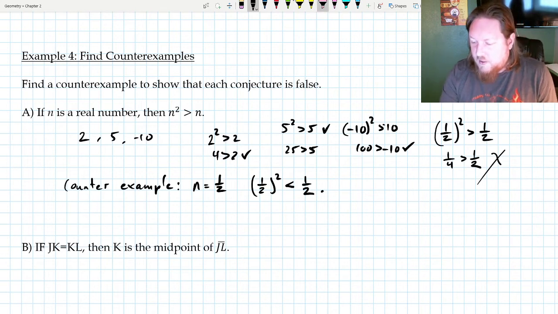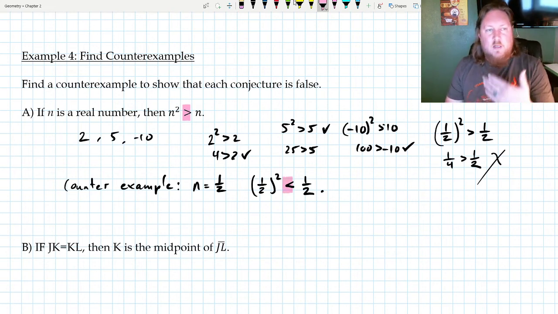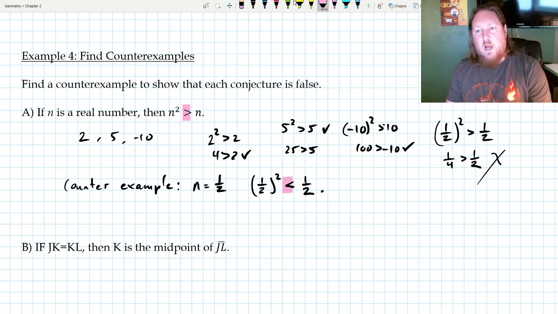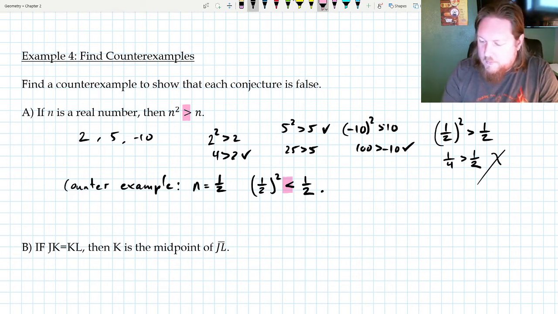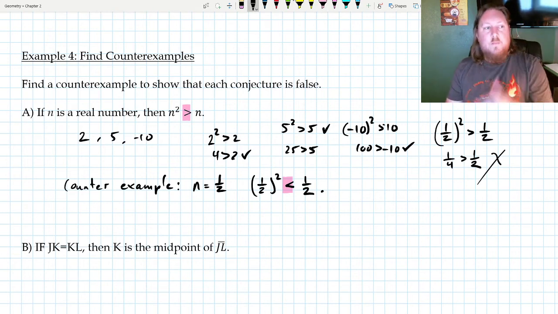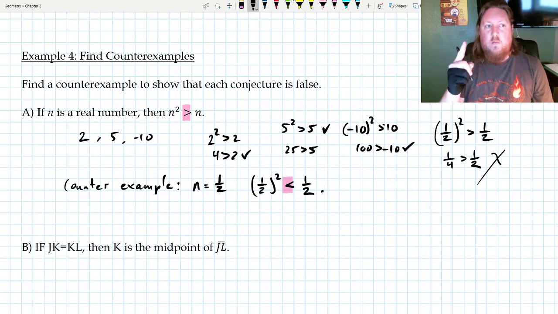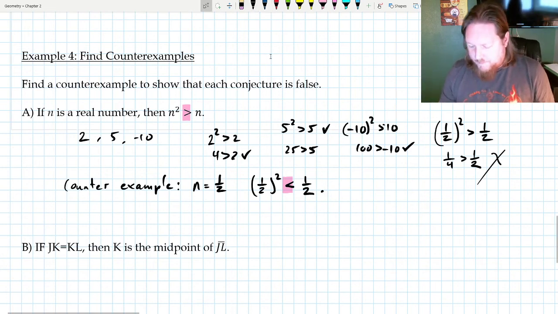So you can see, because I have changed the direction of that inequality symbol, I've shown that what I claimed before is not true anymore. All right. So I only needed to find one. I looked at 3 that worked. That wasn't good to actually prove it's true, because I found one number where it didn't work, and then I broke it.